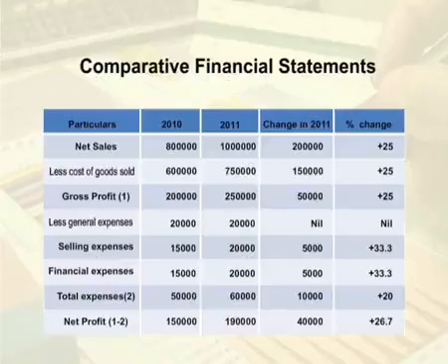We can also see that gross profit has increased by 25%, whereas net profit by 26.7%. So we can say that though there is a 25% increase in sales, yet the cost of goods sold has also increased by 25%.